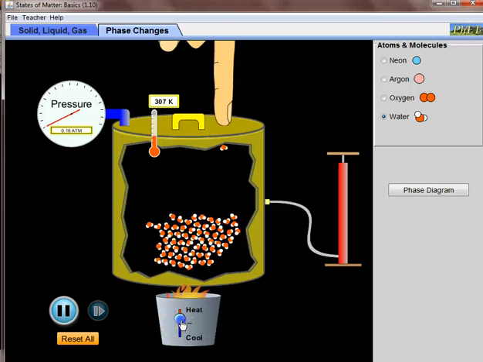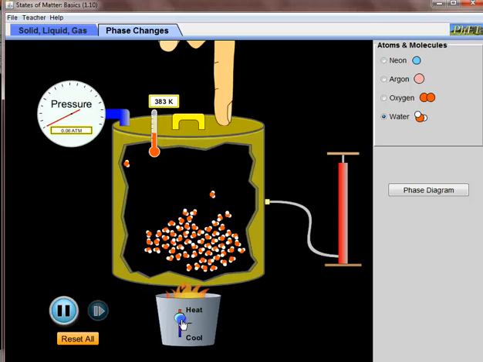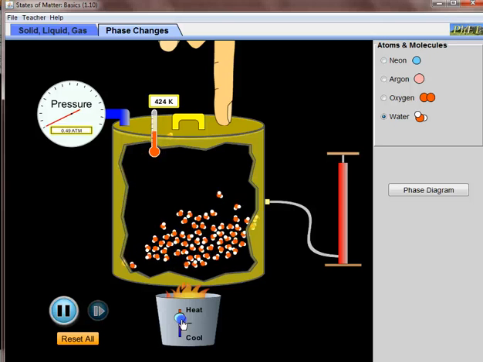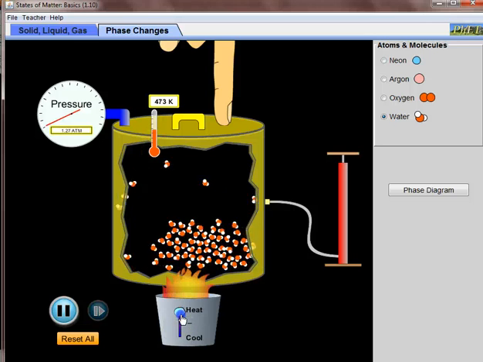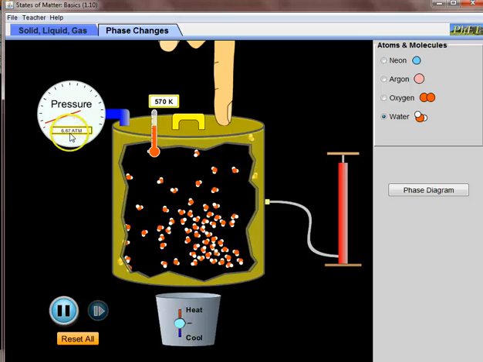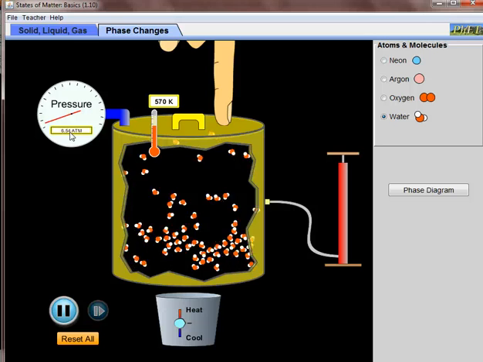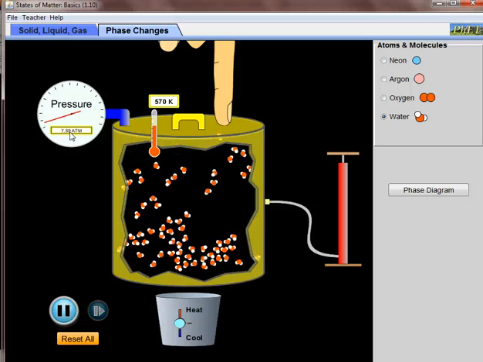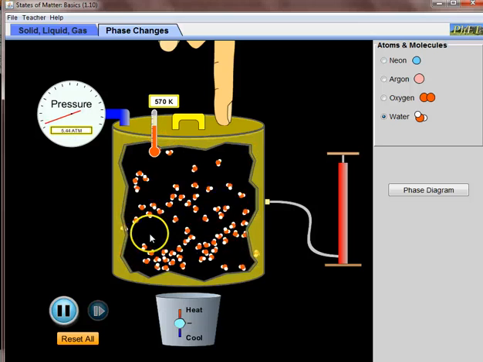And now if you start to heat it even more, at a certain temperature it will become gas or water vapor as we know, and you can see that the pressure is increasing. The pressure is caused by the particles hitting the wall of the container.